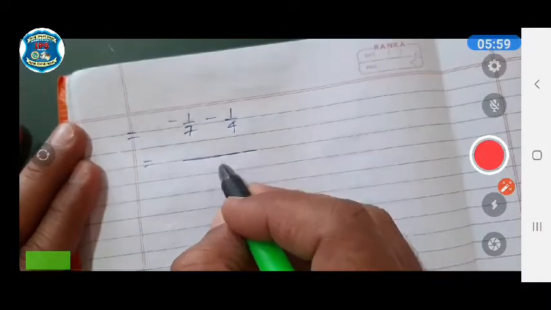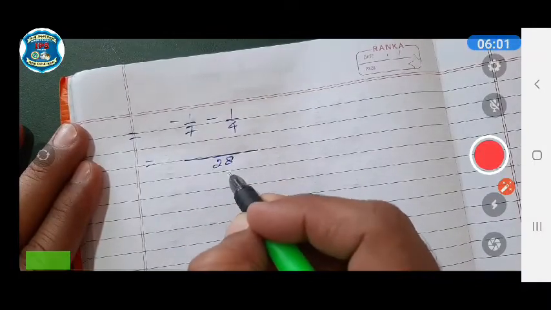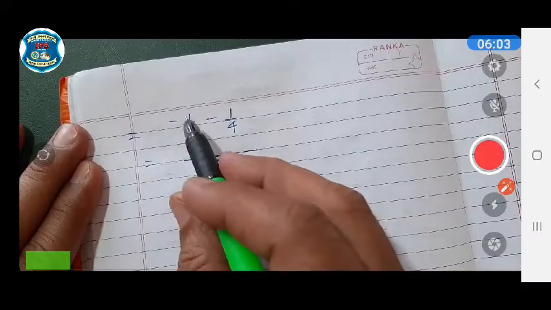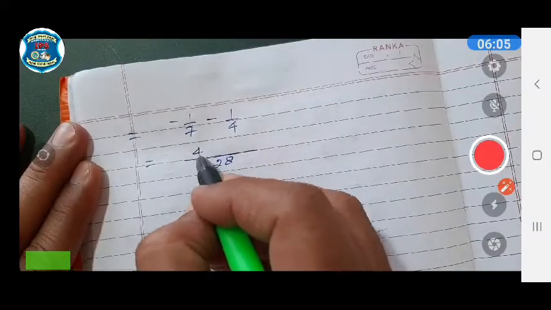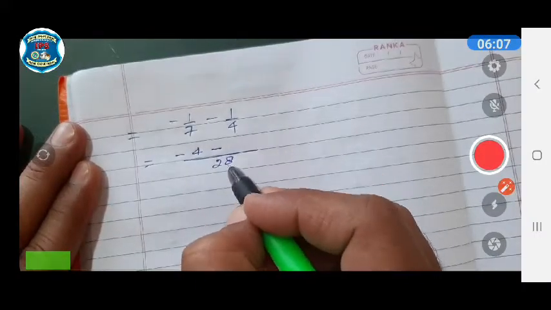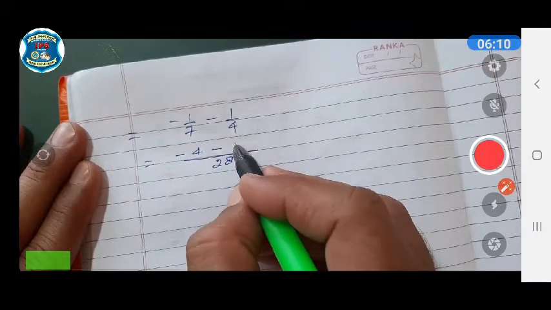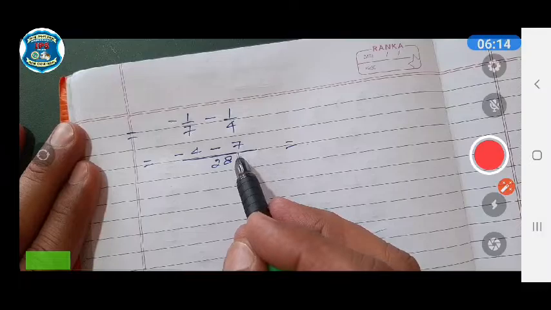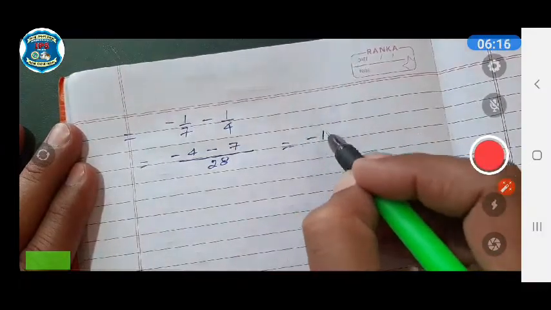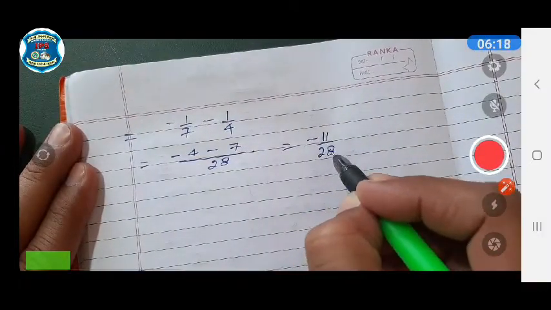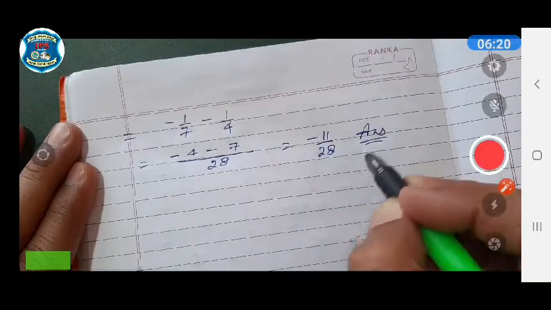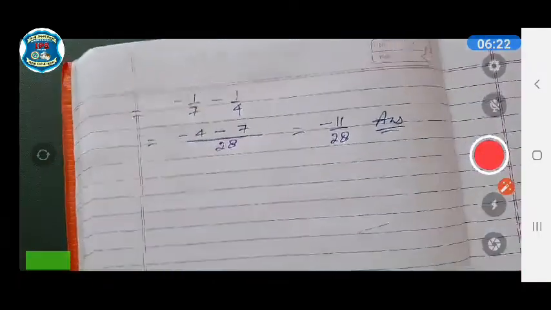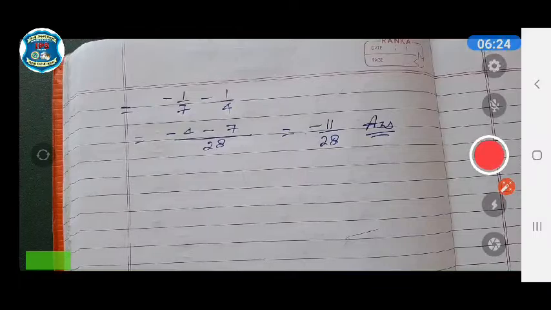What is the LCM? 28. 7 fours are 28, 4 into 1 is 4, so it is minus 4. Then 4 sevens are 28, 7 ones are 7. So the value is minus 4 minus 7. What will you get? Minus 11 upon 28. This is the answer. Right? Understood? Let us see the next part.